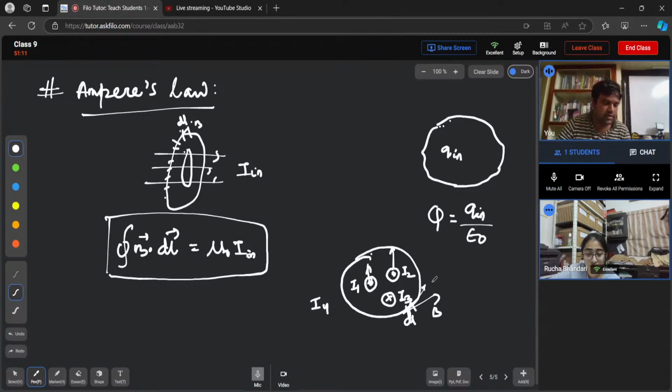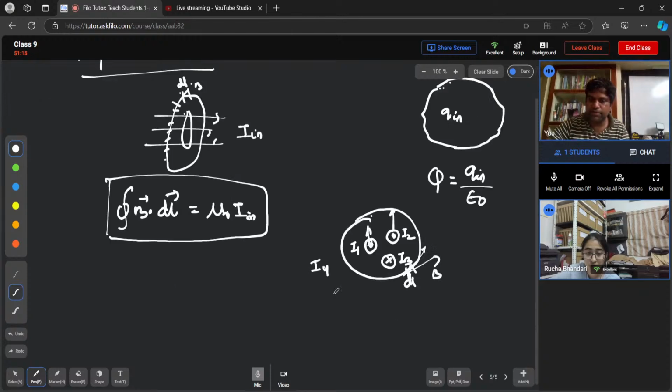What is Ampere's law here? The only currents inside the loop count; I4 is outside the loop, so we have no role for it here.